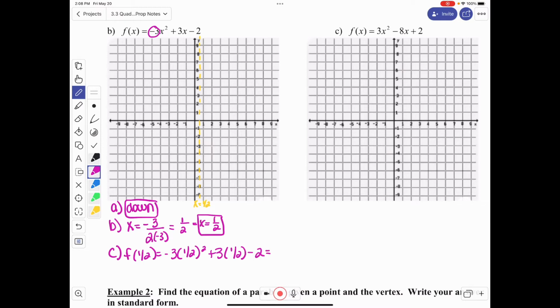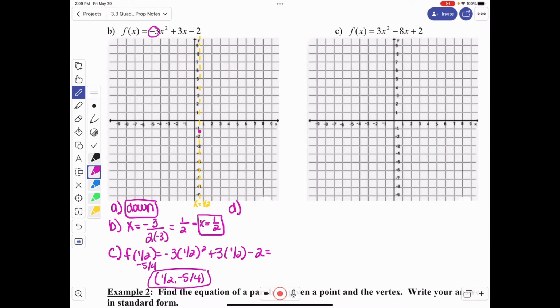And with that, we get negative 5 over 4. So I would write that as a point, as a coordinate. And if I go ahead and plot it, it's going to be about right here.